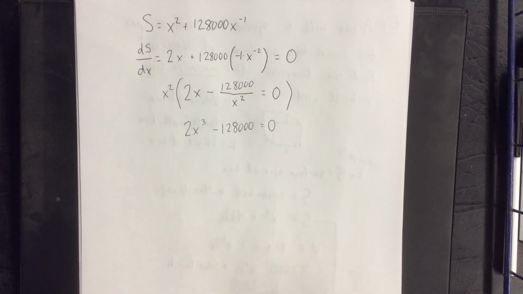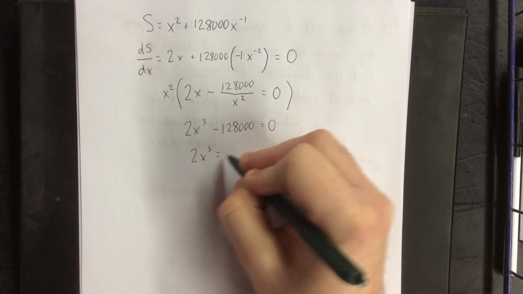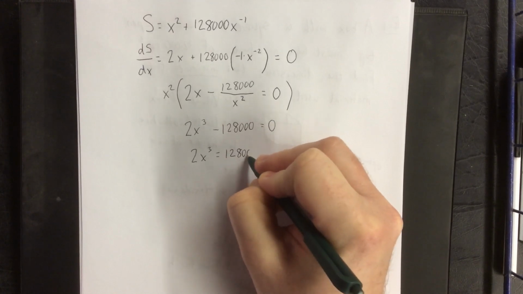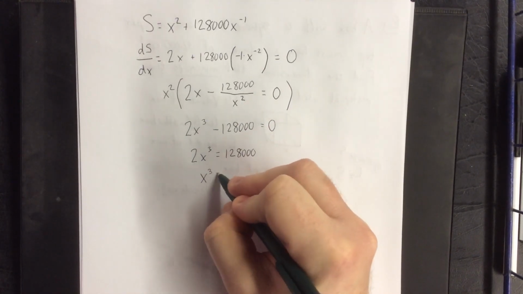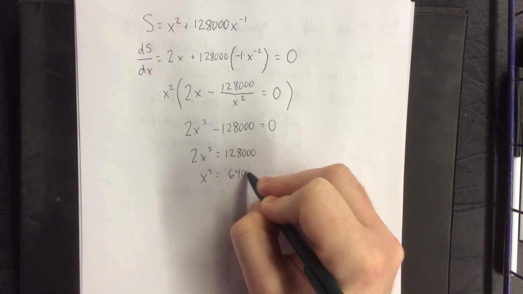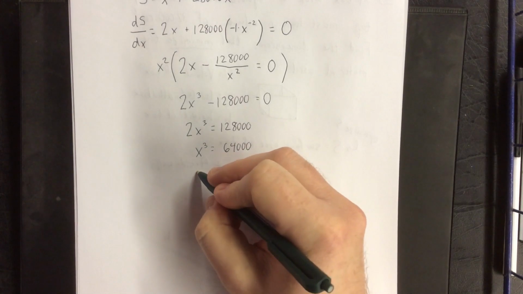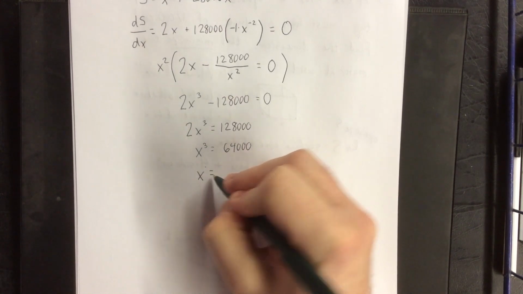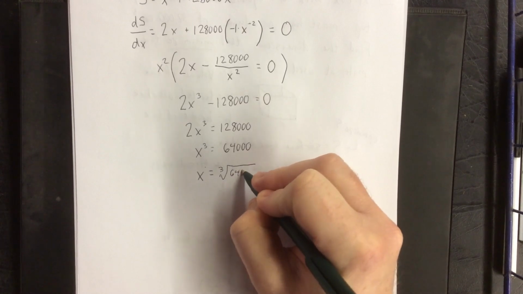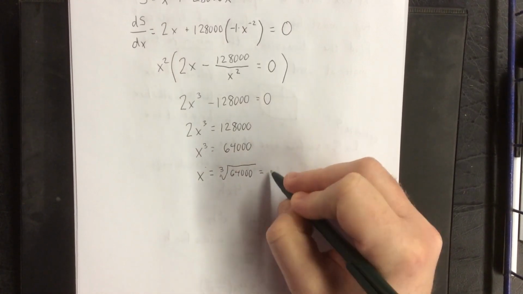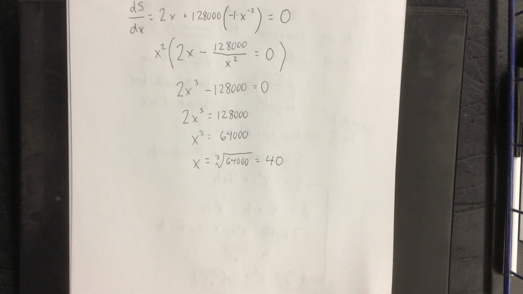I want to isolate x on one side, so I'm going to add 128,000 to both sides. Divide both sides by 2. And finally take the cube root of both sides. So x will be equal to the cube root of 64,000. If at this point you want to toss that into a calculator, that's probably a good idea, but I can tell you right now that that is 40.